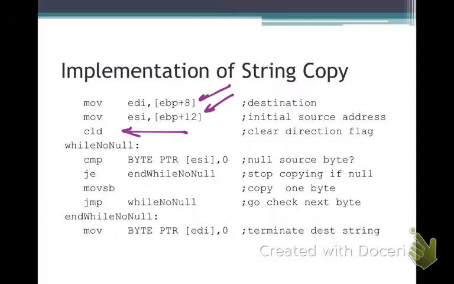Since this is an array of single characters, I can use the null to check for the end of the string. I'll compare the current character to null. If it's equal, we're done. If it's not, I want to move from source to destination one byte at a time. After this, it will update ESI and EDI and then jump back up.